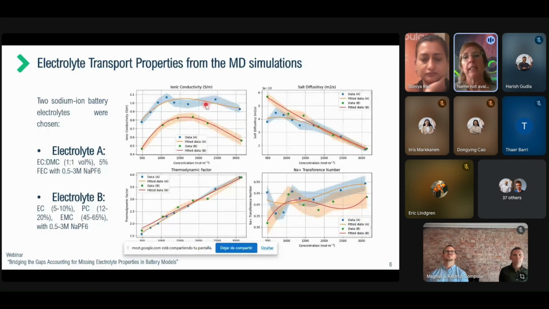Okay, and here you can see the difference between these properties, and we wanted to see how much this impacts the cell performance.